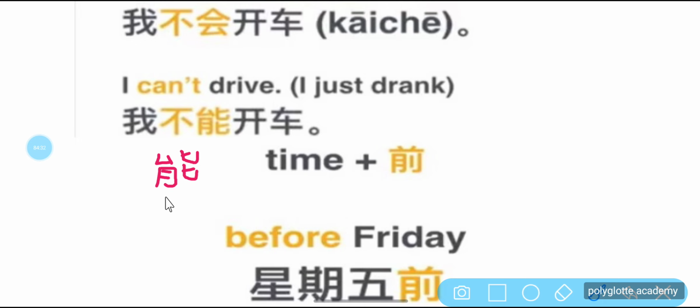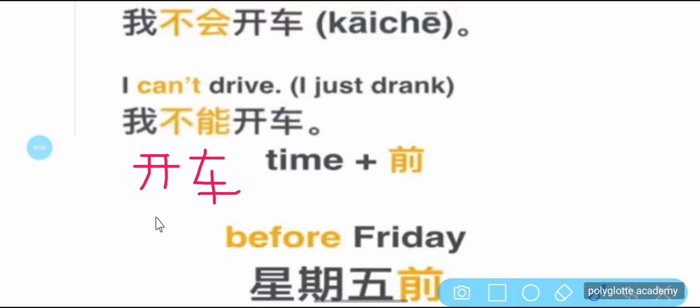So we have 能, which here means can in the sense of possibility or permission. Am I allowed? And we have 开车, kaiche goes together.